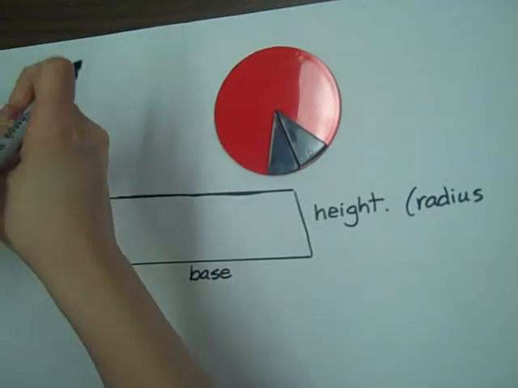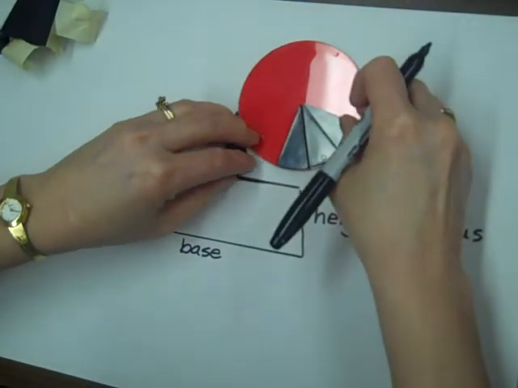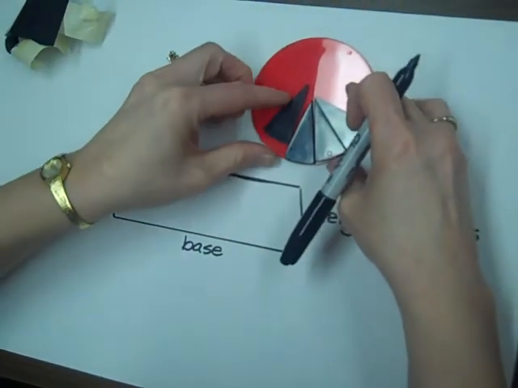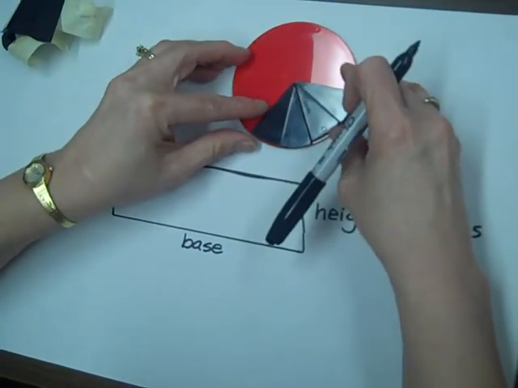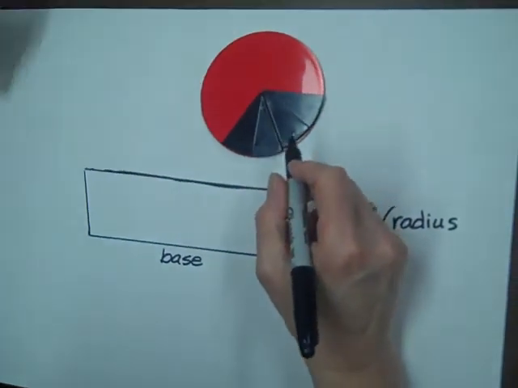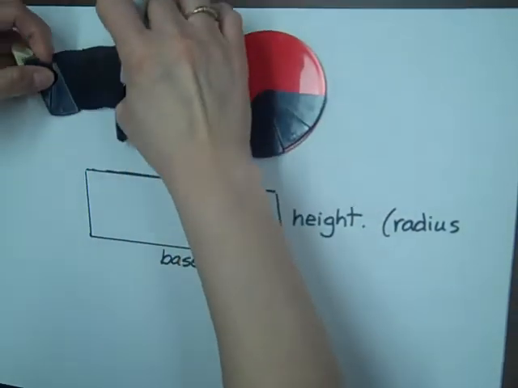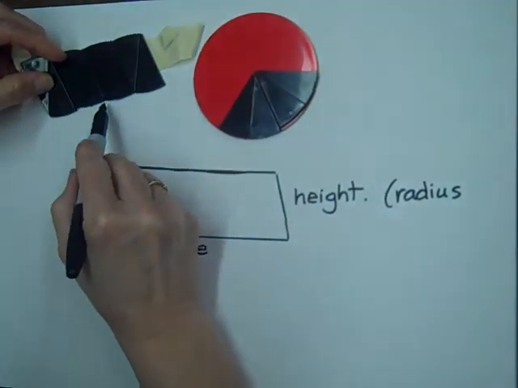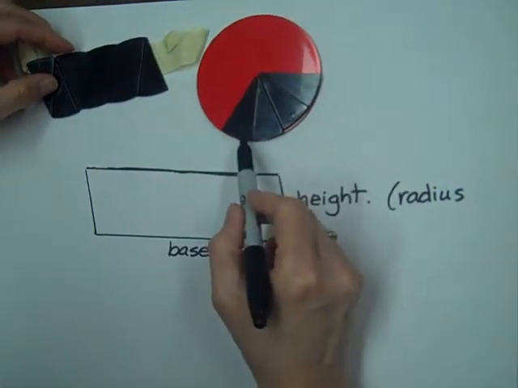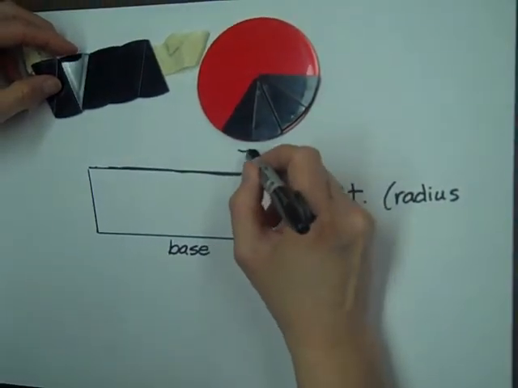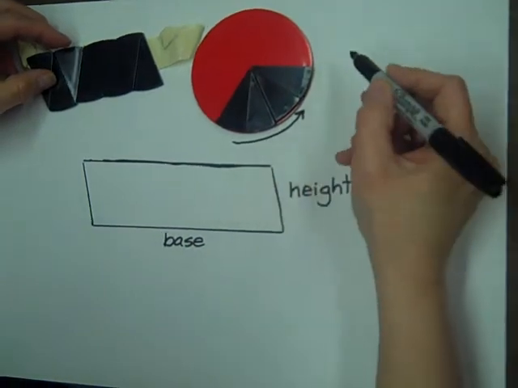Now if I took all of these little pieces off and put them back on to my circle, remember, these were the outside arcs all the way around here. So what did we call that?